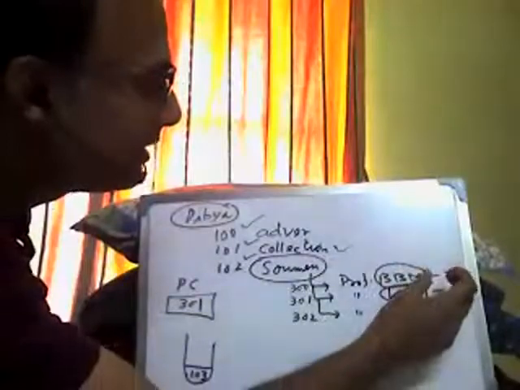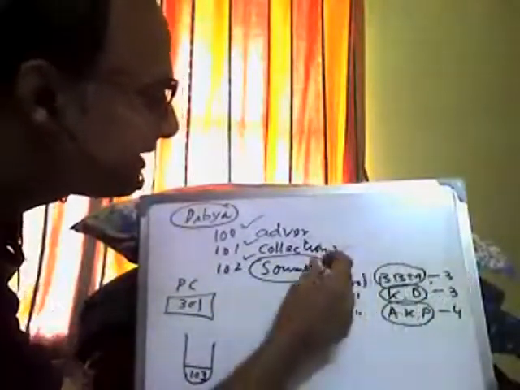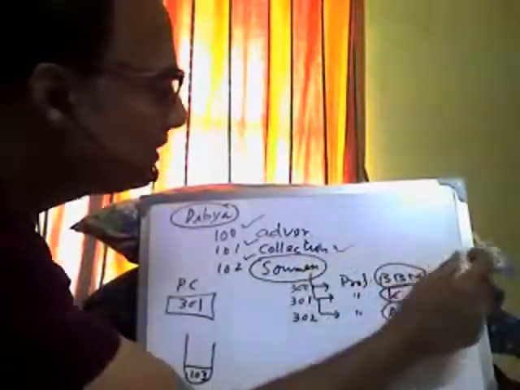Those values are that some journals will be accepted. Suppose 1 is accepted and 2 journals are rejected. Those are the parameters that will be passed to Showman. KD will be passing some values, and AKP will be passing some values.